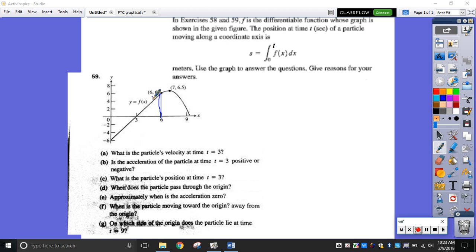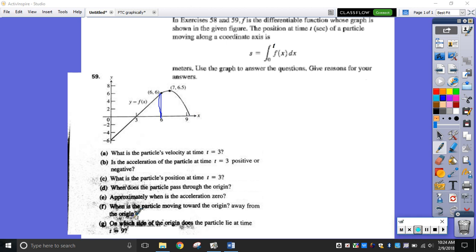So when your y values are negative, that means velocity is negative, and the particle is moving to the left. So our particle is moving toward the origin from 0 to 3 seconds, because that is where all the negative y values are. And then it's moving away from the origin to the right from 3 to, I guess you could say approximately 10, because that is when your y values are positive, making your velocity positive, making the particle move to the right.